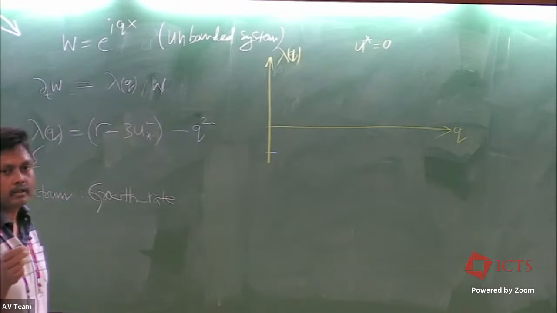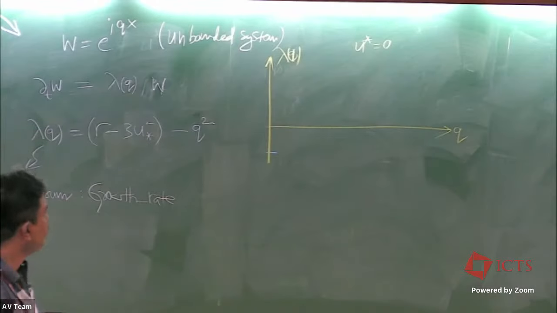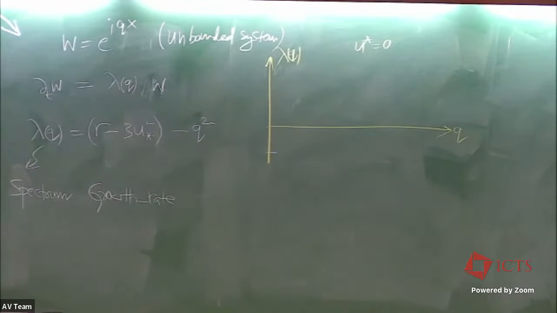Is the question clear? Okay, the question is also not clear. So I'm trying to do the following. I have a PDE system which has a couple of homogeneous fixed points.